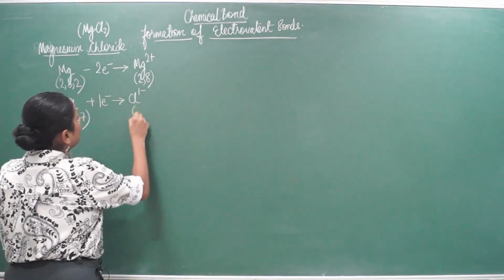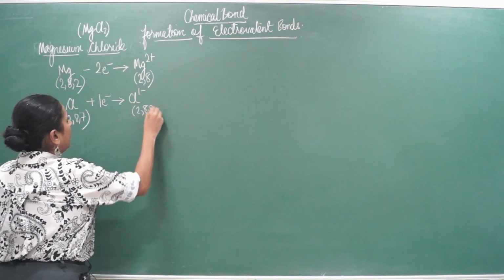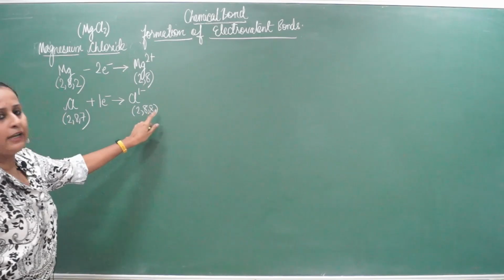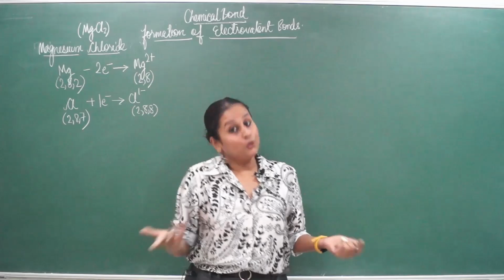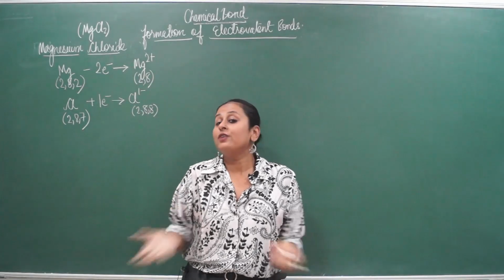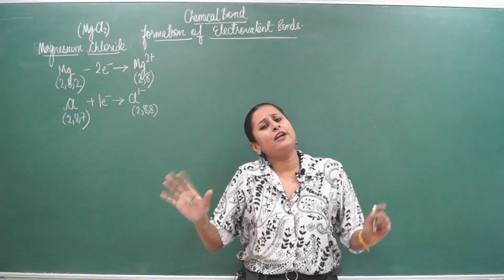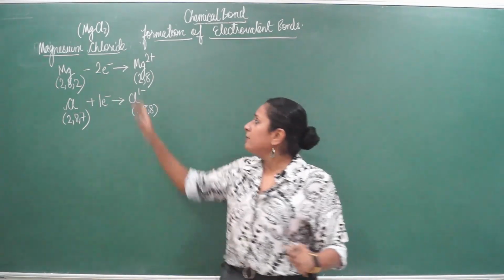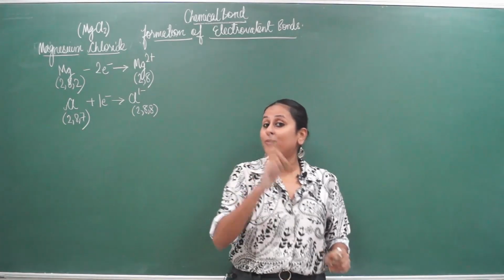So the chloride ion has 1 minus charge, and its configuration is 2, 8, 8.